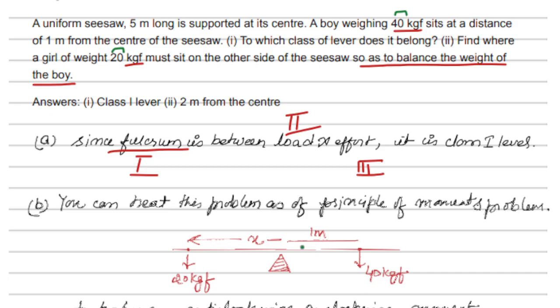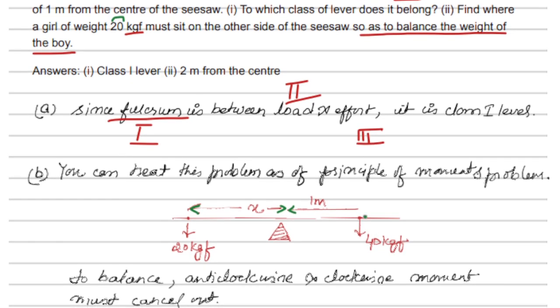So it's a simple problem of principle of moments, but we can apply it here also. So this is 1 meter distance, where the 40 kgf boy sits here. So it will be acting downwards. And now we don't know where to make this person sit. Let's say X distance or D distance.